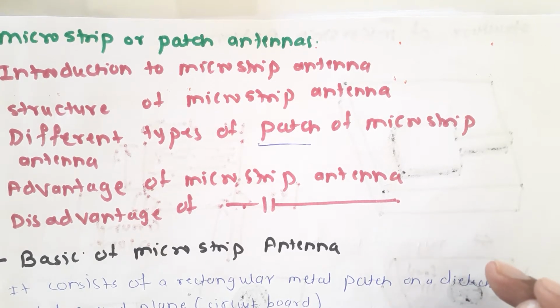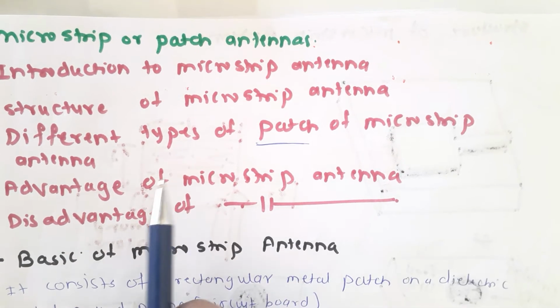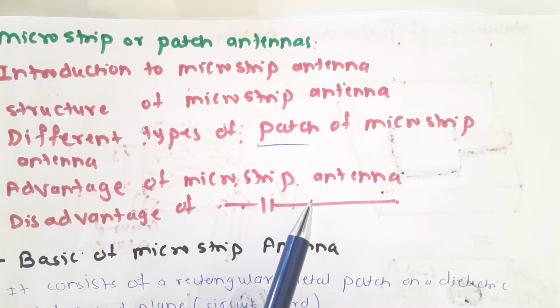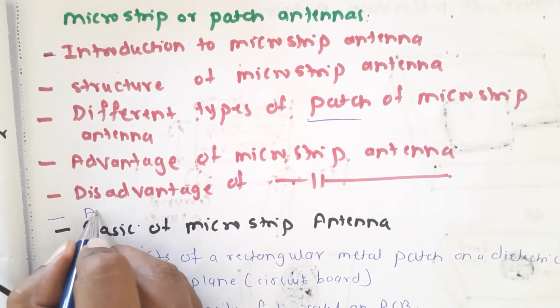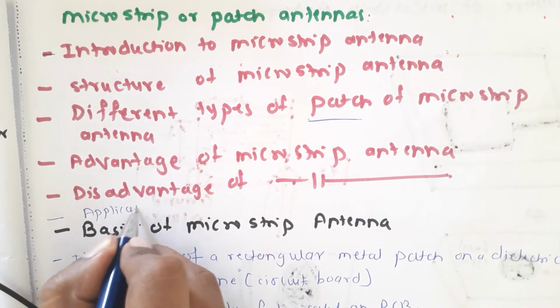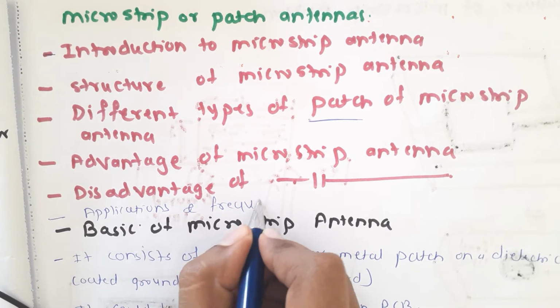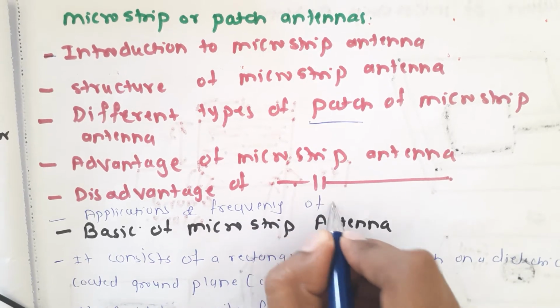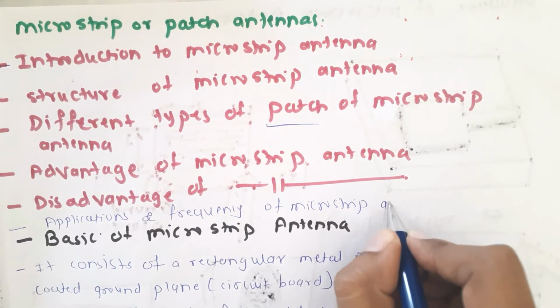That patch is of different types like circular, rectangular, elliptical, triangular, square, and afterwards at the end we'll see the advantage of microstrip antenna, disadvantage of microstrip antenna, then some more points I have added, that is applications and frequency range of microstrip antenna.